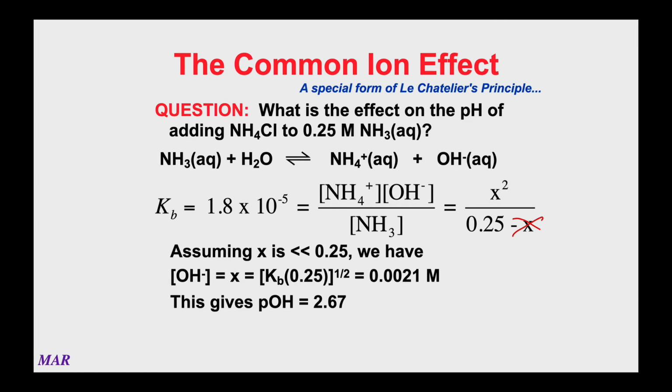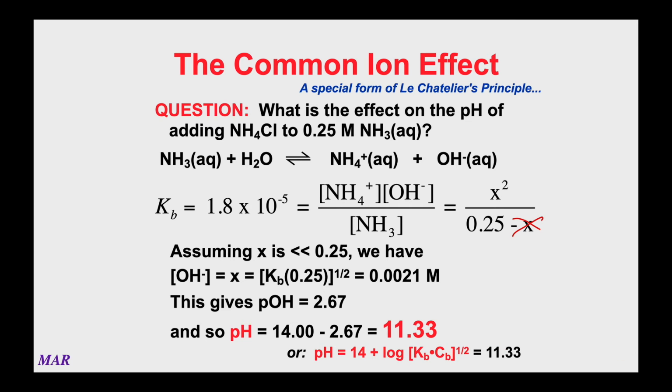From there, you can find pOH: minus log of 0.0021 is 2.67, and then pH would be 14 minus 2.67, 11.33. This is the pH of the ammonia solution without the ammonium, and you can check yourself. The pH is larger than 7. It's basic. That's good. Ammonia is a base.